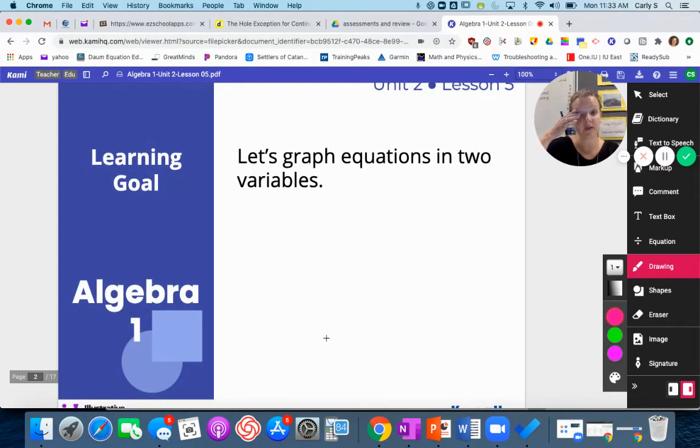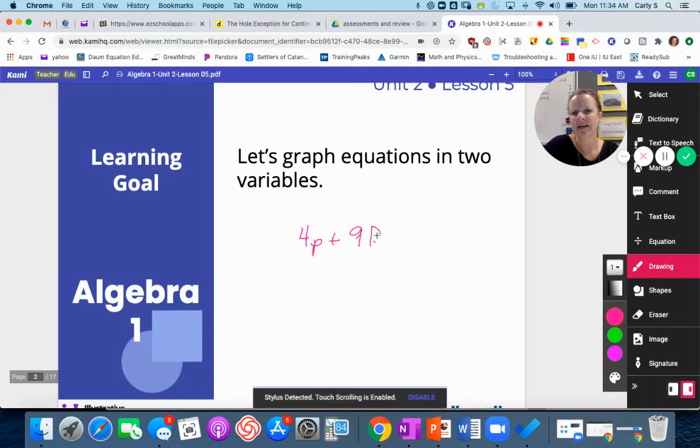In Lesson 4, we talked about writing equations in two variables. And at the end of the lesson, if you remember, we were talking about snacks and how many calories were in a snack, and how many calories went to the protein and how many calories went to the fat. So I think it was 4p plus 9f equals, I think we started with a 60-calorie one.